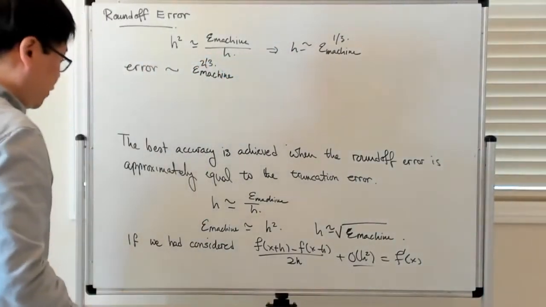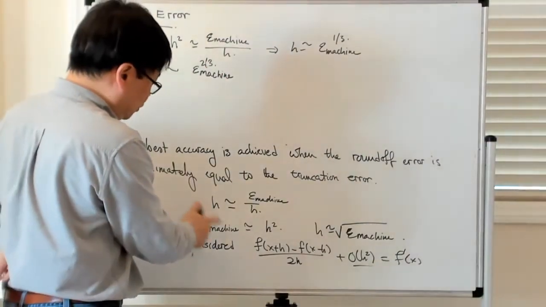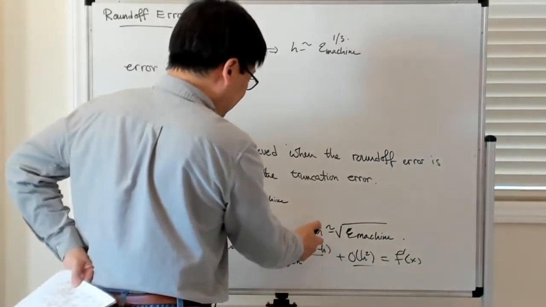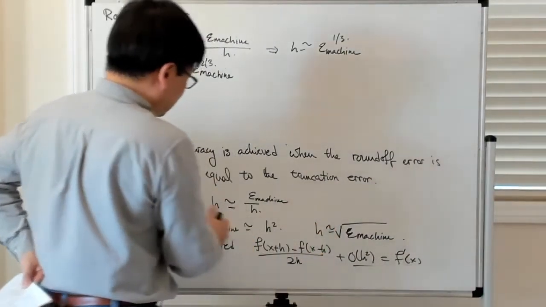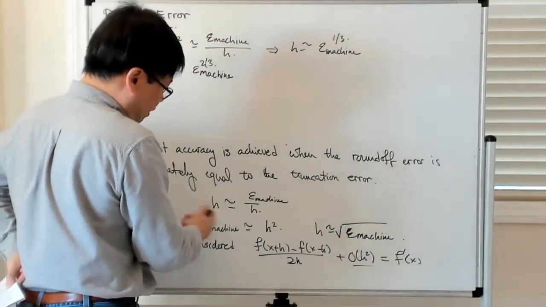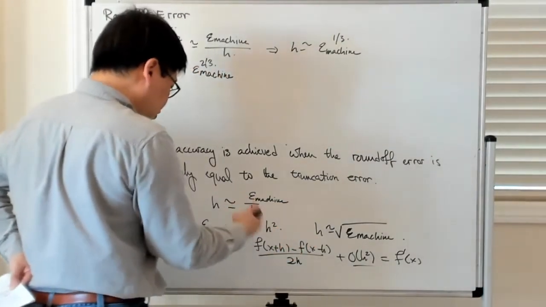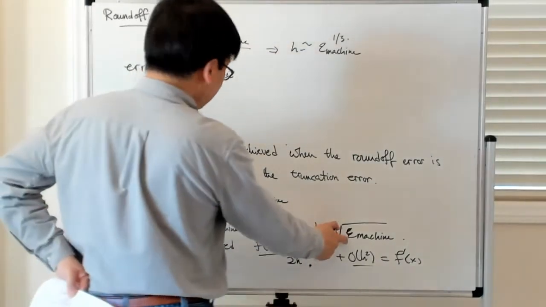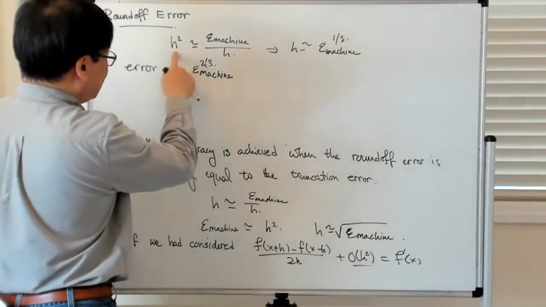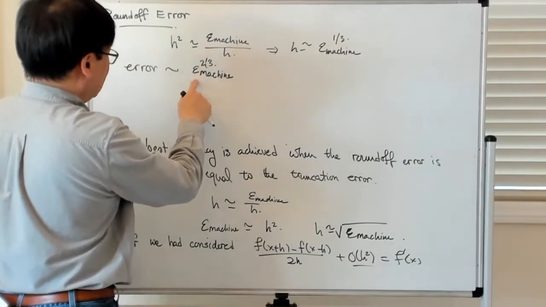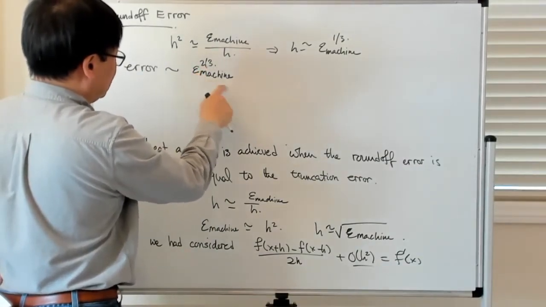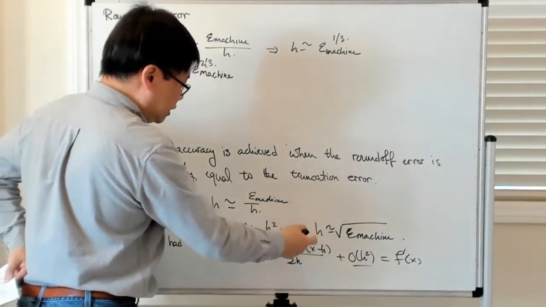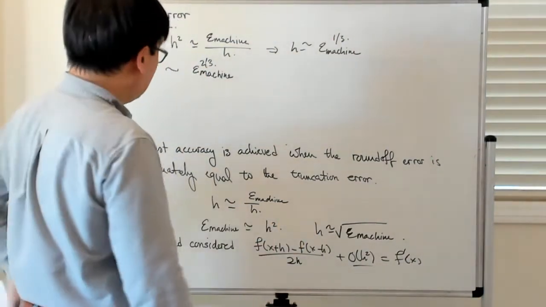Whereas in the first order method, you want h to be approximately the square root of machine epsilon, and then the truncation error is like h, so the total error you get is going to scale like the half power of machine epsilon. And when you take this higher order method, the error is comparable to epsilon machine to the 2/3 power. So this is better than the error being the square root of machine epsilon.